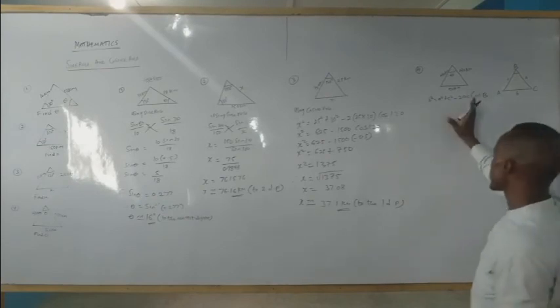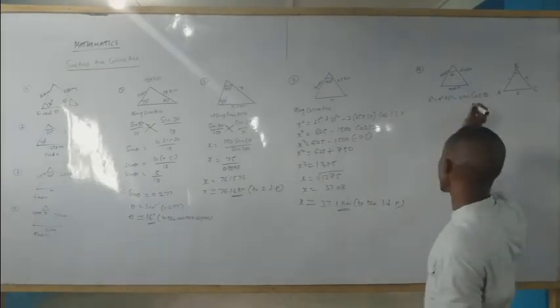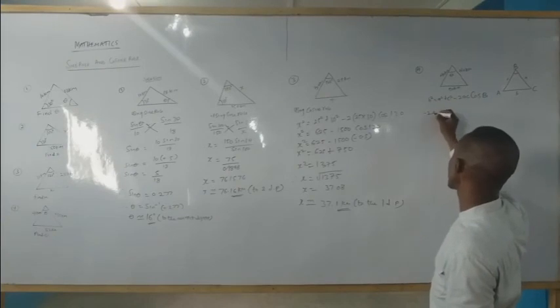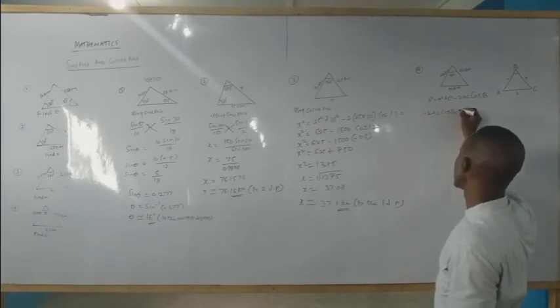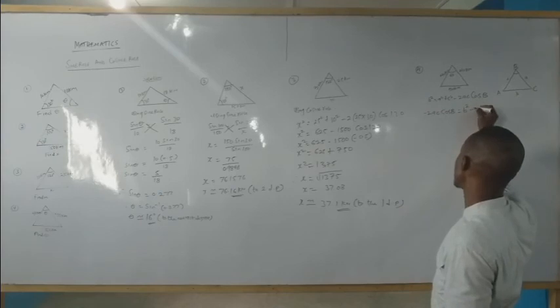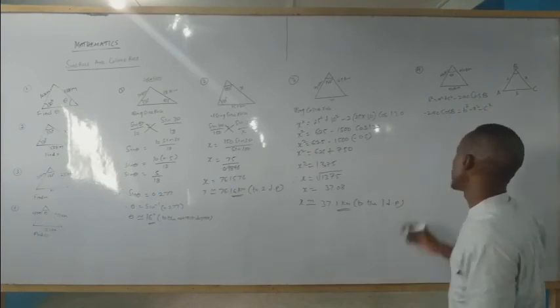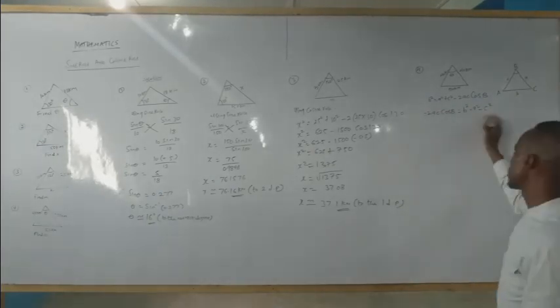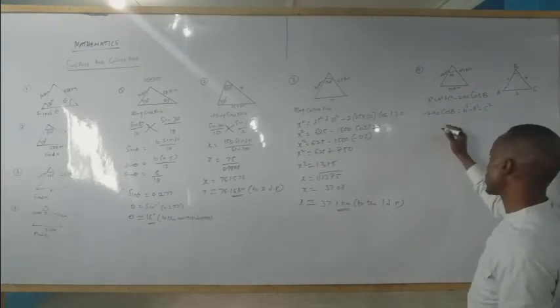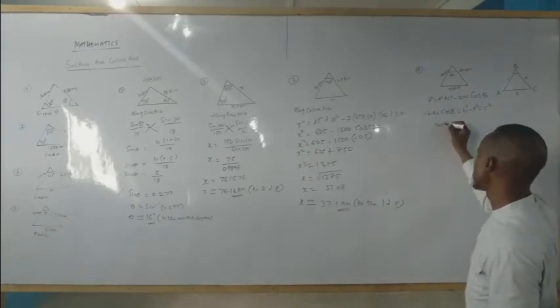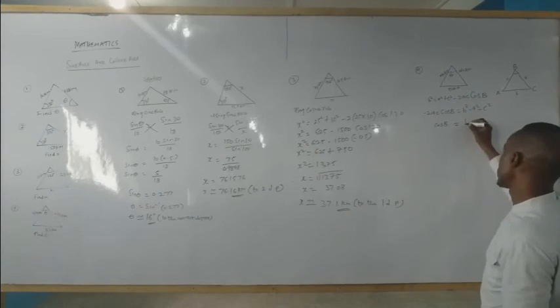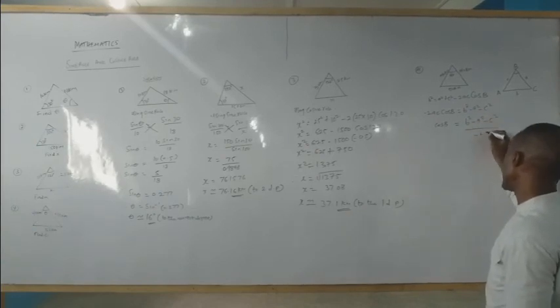Taking this to the other side, we have minus 2ac cos B equals b squared minus a squared minus c squared. Then we divide both sides by minus 2ac. So cos B equals b squared minus a squared minus c squared over minus 2ac.